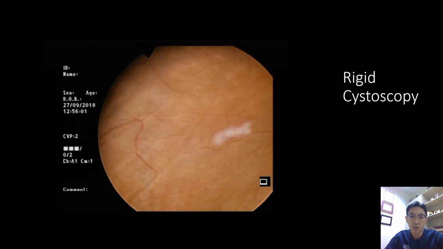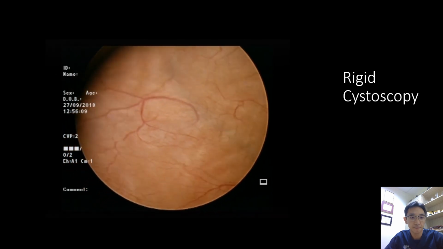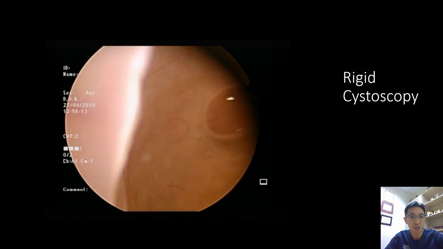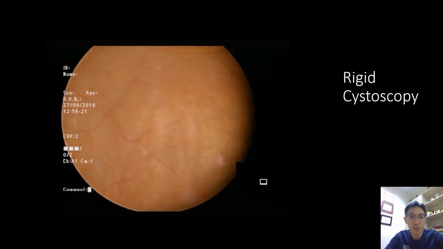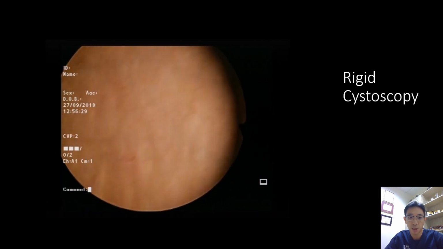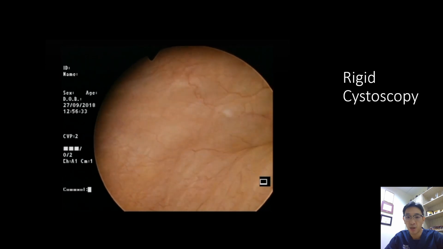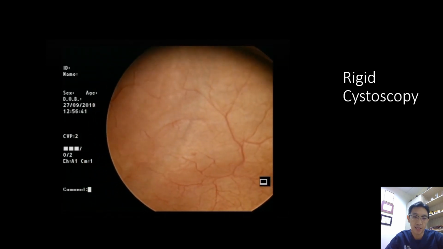And here you see my resident going from side to side to carefully characterize the entire bladder from bottom to top, where you see the air bubbles in the dome. And this is from left to right, from UO to UO, bladder neck to bladder neck.